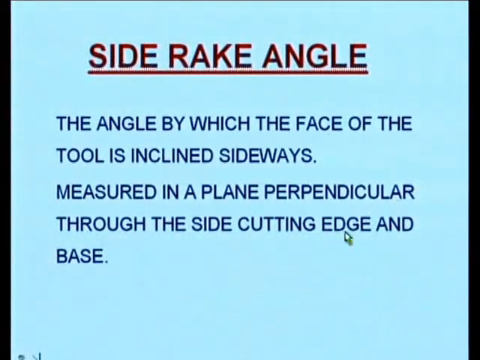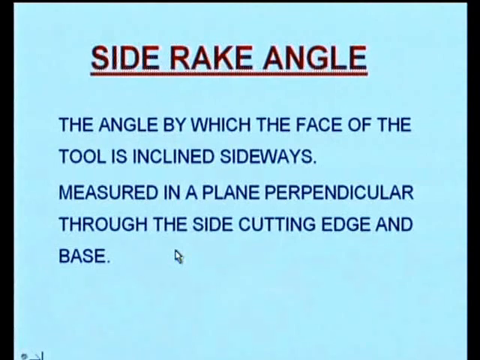When this is the state, that angle is called the side rake angle, and this side rake angle is measured using a perpendicular plane through the side cutting edge and the base.